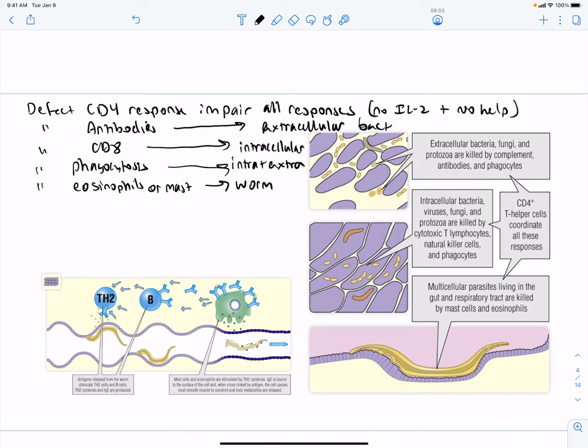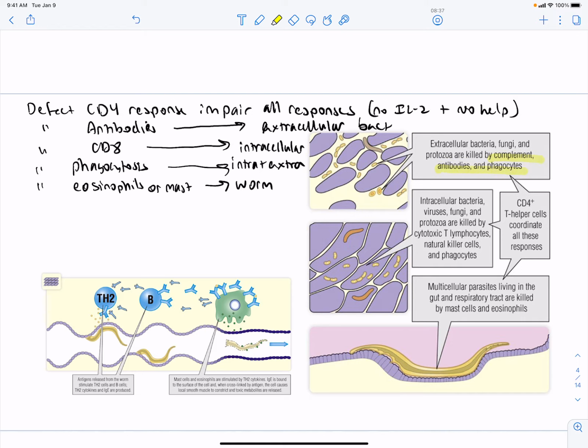Okay, so you can see that, and if you think about how we've talked about how T cells develop, how B cells develop, hematopoiesis, any step along all of those lines can lead to impairments, and you can be susceptible to extracellular, intracellular, or parasitic infections. And so here we have extracellular bacteria, fungi, and protozoa, and these are going to be targeted, of course, by complement, antibodies, and phagocytosis.